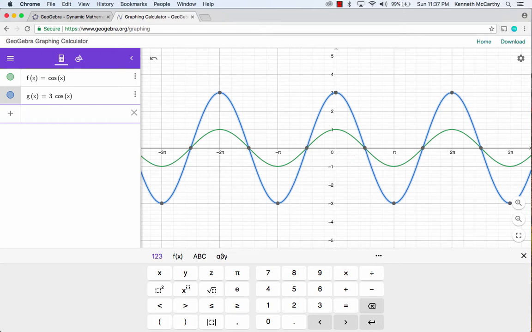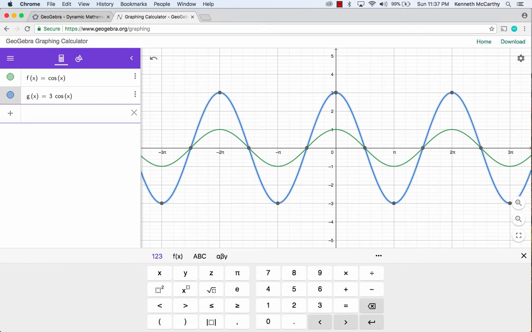Think of it as a box. When the input is pi over 2, the output is still 0, as with the parent function here. But when the input is pi, the output of the parent function used to be -1, but when the input is pi, the output of 3 cosine x has an amplitude of -3.